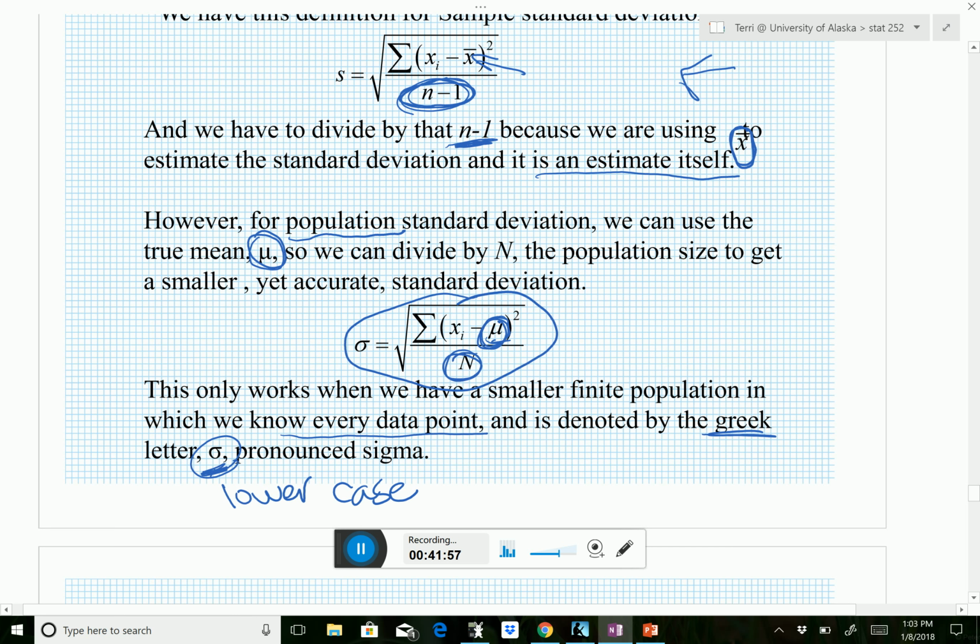The easy way to remember is that our sample standard deviation is S, or S of x, and our population standard deviation is this weird sigma, or sigma x. This one we don't usually know. It's weird. It's Greek to us. Okay?